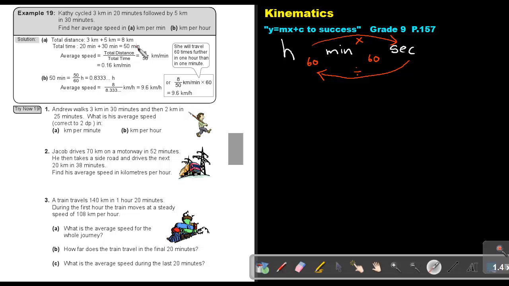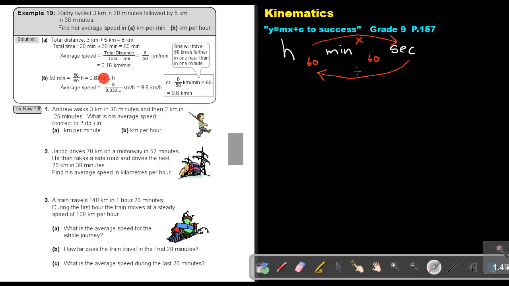We can just say total distance is 8, total minutes is 50, and that will give me 0.16 kilometers per minute. But if I want kilometers per hour, I must take the minutes to hours, and I will divide by 60. So 50 divided by 60, that will give me hours.